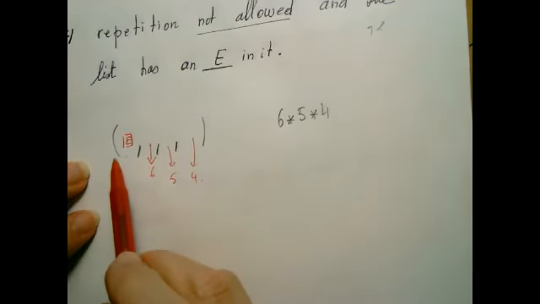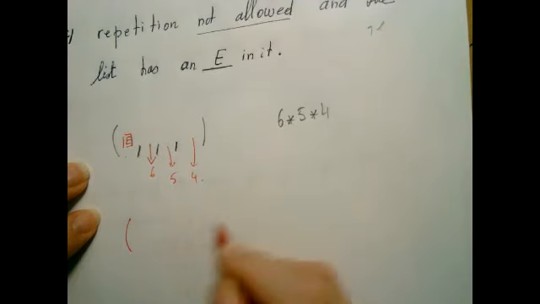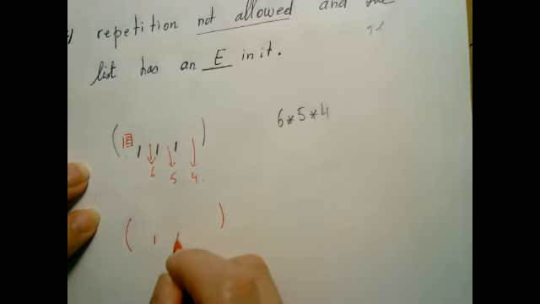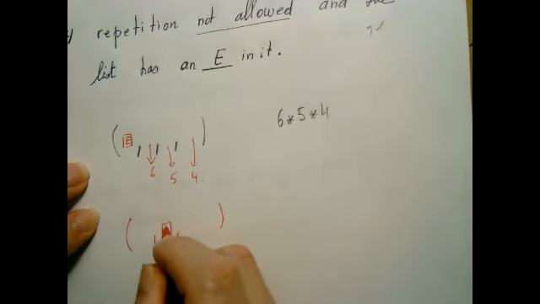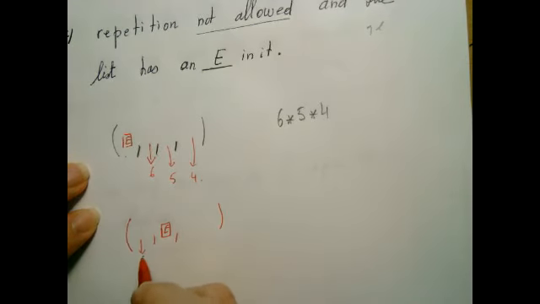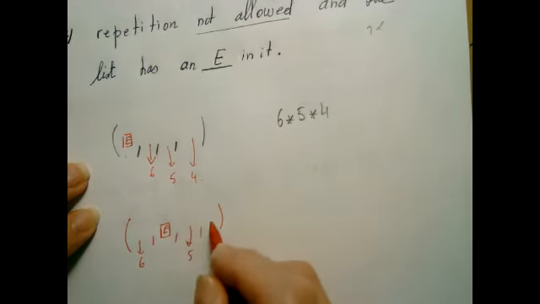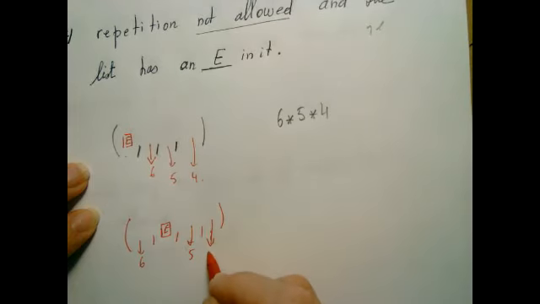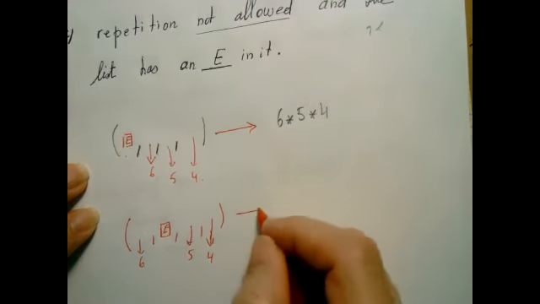This is if you put your E here. What if you put your E here? Then you have 6 choices here. And here you have 5 choices. And here you have 4.